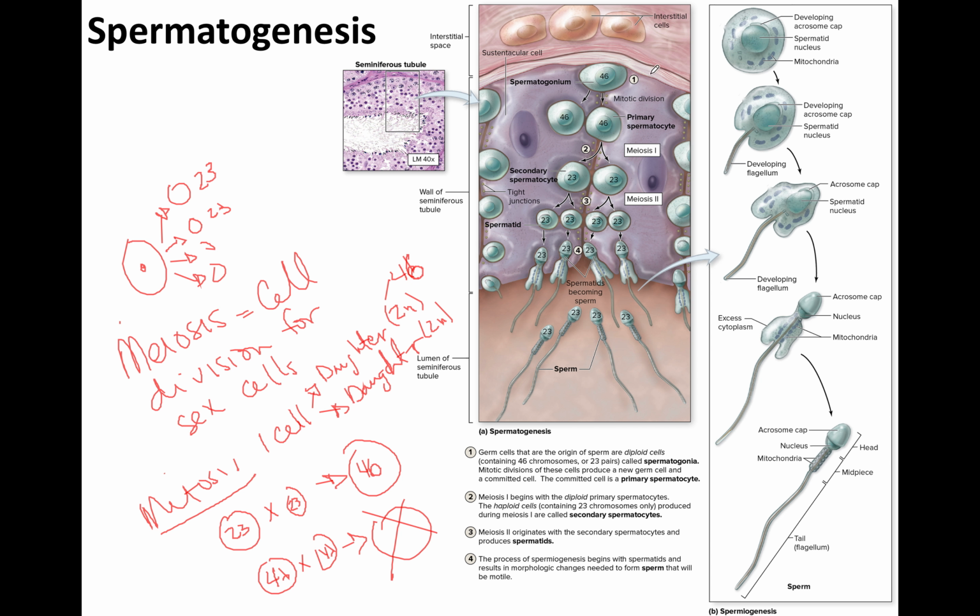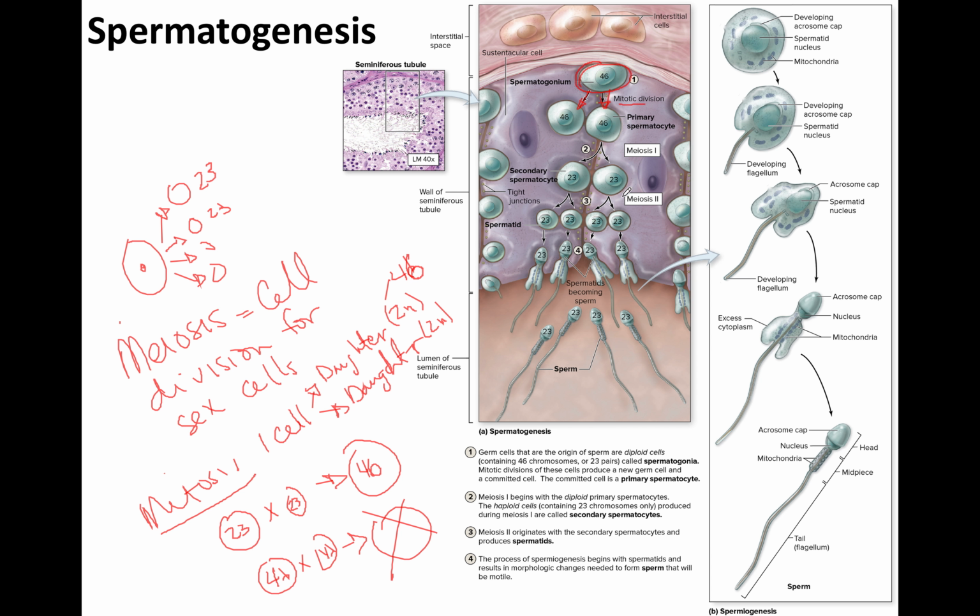What I want you to understand from this picture is that you have this spermatogonium, or what I like to refer to as a stem cell for sperm, on the outermost layer of the testes. It is then going to divide right here.